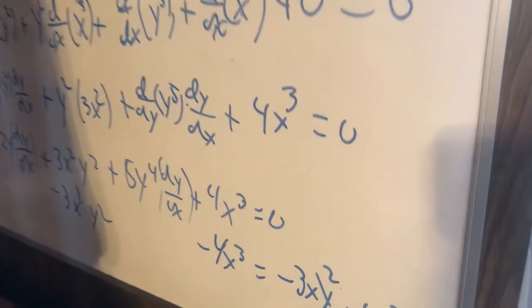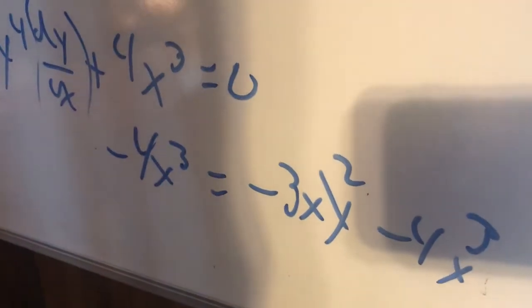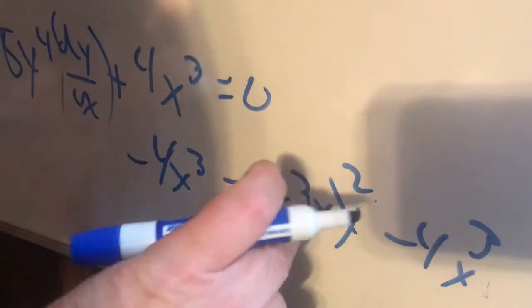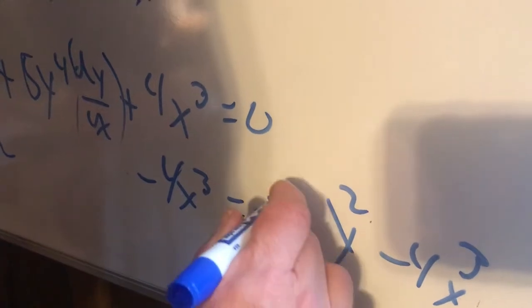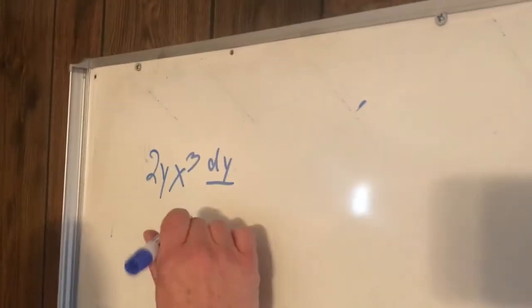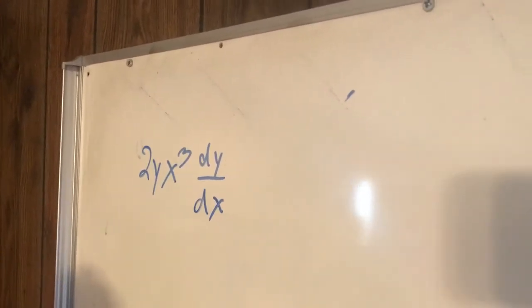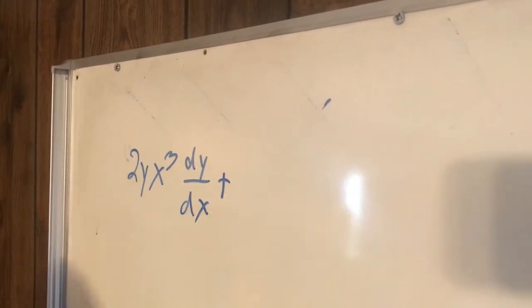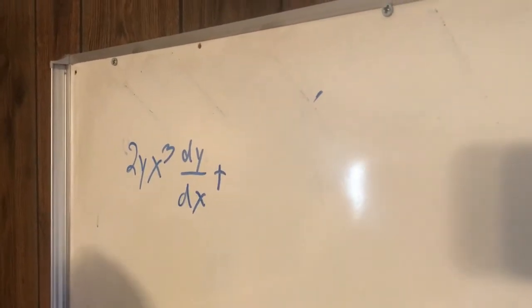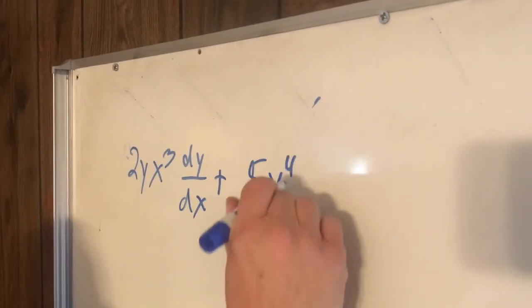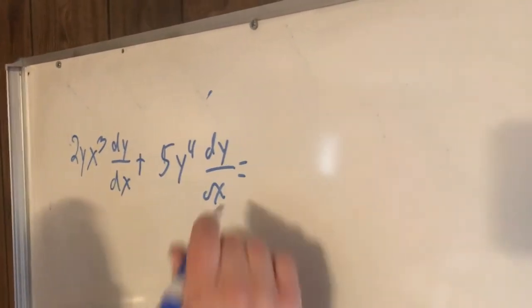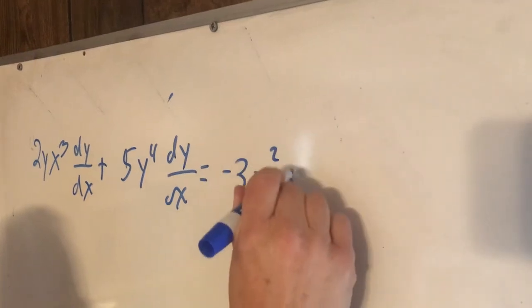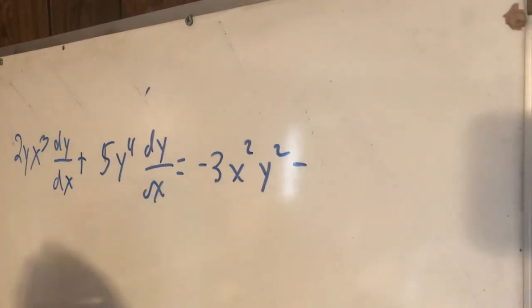This should be x squared here, right? Yes, 3x²y². It's tough when I get to the bottom of the board. So you get 2yx³ plus 5y⁴ times dy/dx equals minus 3x²y² minus 4x³.